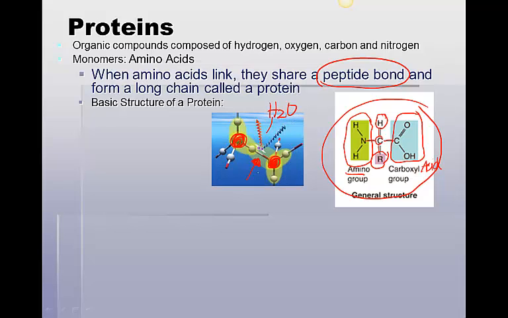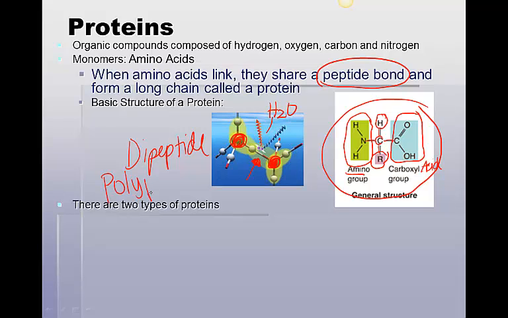So this would be the beginning of a protein. We could call this a dipeptide or a 2-unit protein. So the dimer is called a dipeptide. If I continued linking through condensation reactions, I would have a polypeptide.